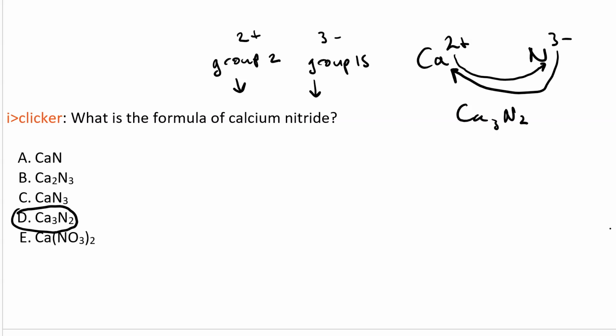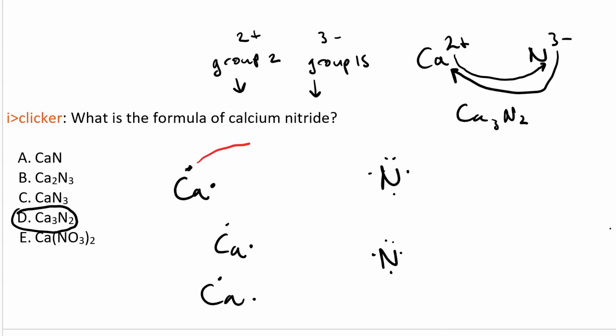To do the Lewis symbols, this means we're going to need 3 calcium atoms and 2 nitrogen atoms. Here are our Lewis symbols for the atoms. Here are the electrons being transferred. So 1½ calcium atoms are needed to supply all of the electrons that one nitrogen atom needs.